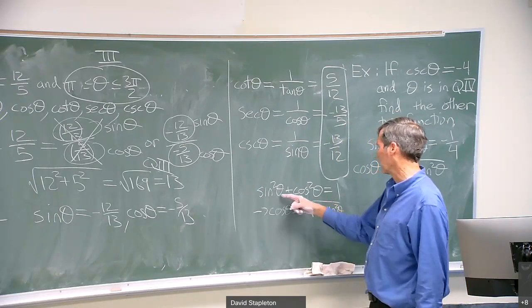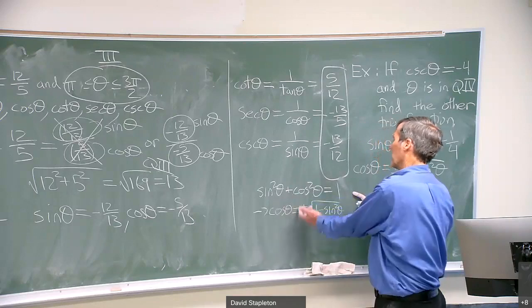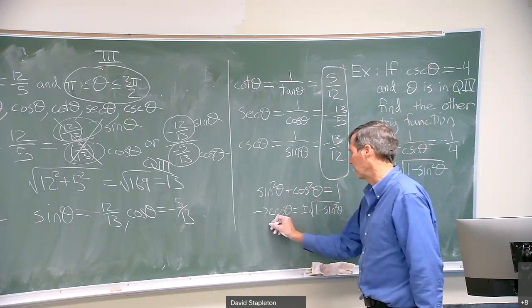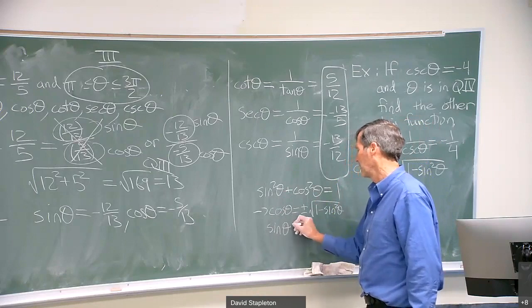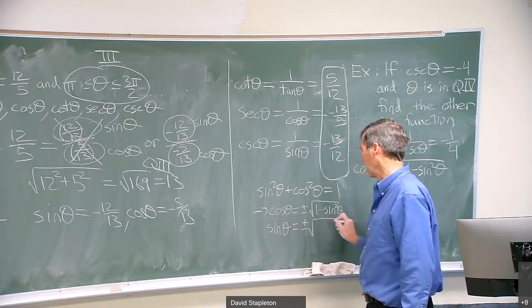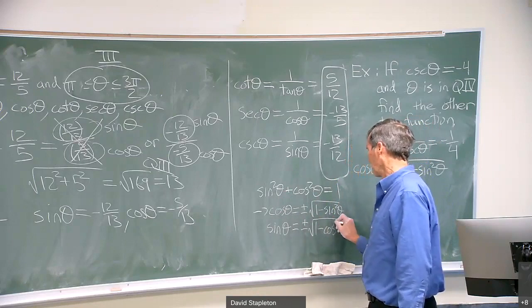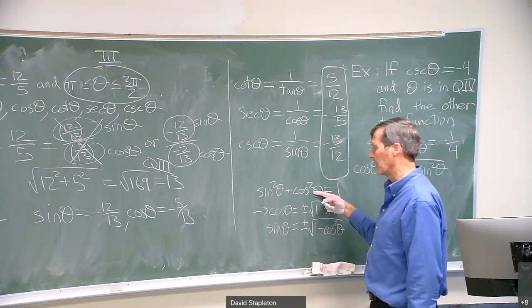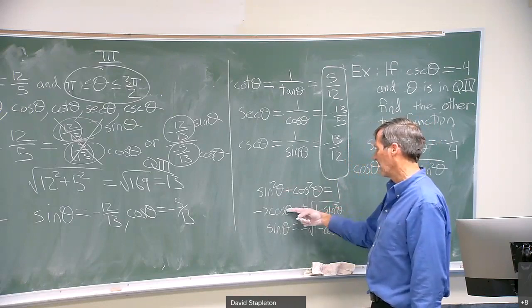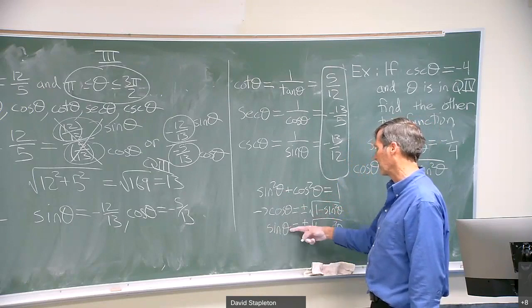And if you subtract cosine squared over, sine squared is 1 minus cosine squared, and taking the square root of both sides, you find that sine theta is plus or minus the square root of 1 minus cosine squared theta. So this is the Pythagorean identity for sine and cosine, and these are that identity solved for sine and cosine.